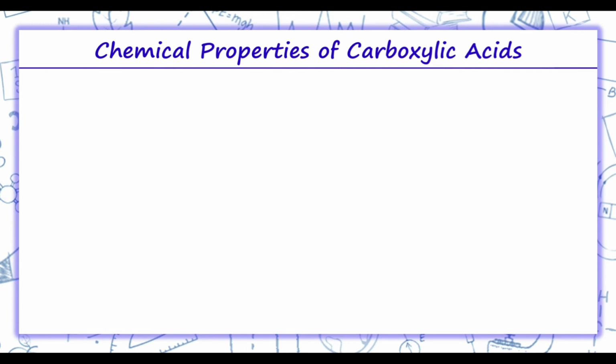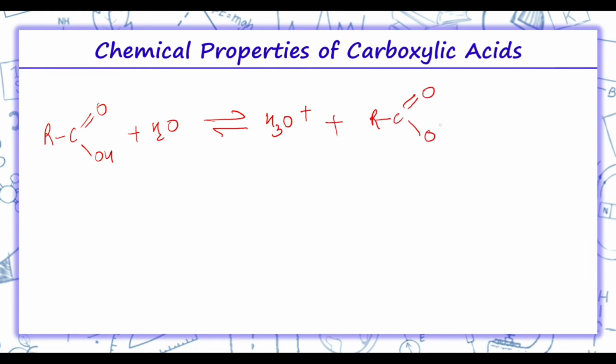Now these carboxylic acids dissociate in water to give resonance stabilized carboxylate ion. Like this we have carboxylic acid, it dissociates in water and gives H3O plus ion and resonance stabilized carboxylate ion.